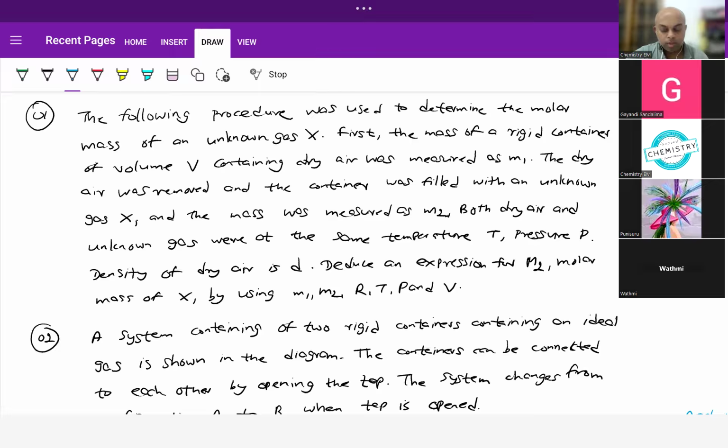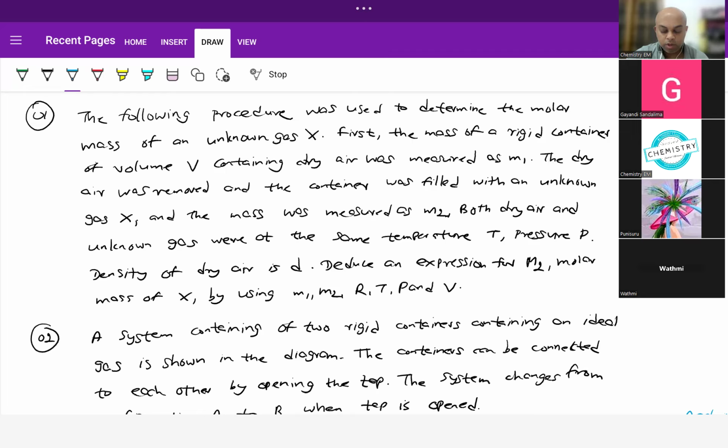The following procedure was used to determine the molar mass of an unknown gas X. First, the mass of a rigid container of volume V containing dry air was measured as M1.